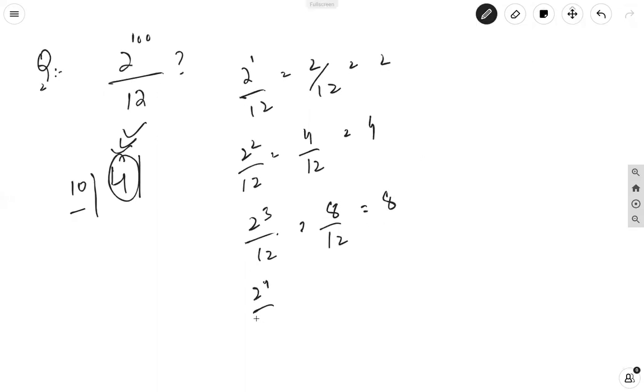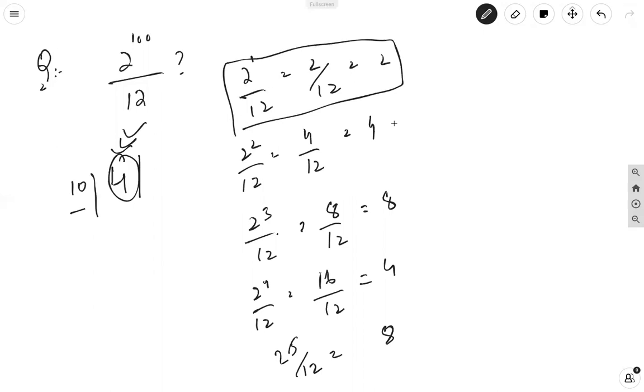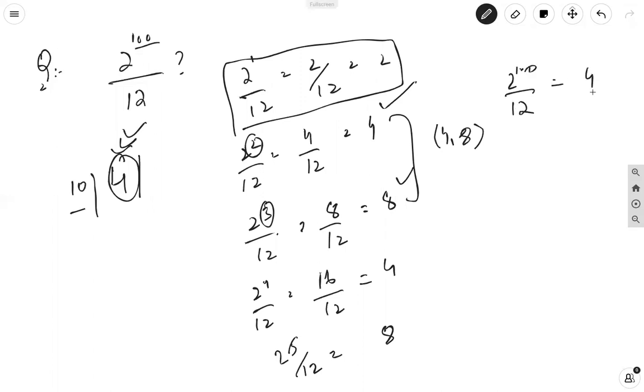Now 2 power 4 by 12, this is 16 by 12, the remainder is 4. 2 power 5 by 12, the remainder is 8. Now just leave the first one. After this, there is a cyclicity of 4 and 8. 4 and 8 repeat in every pattern. For even power, the remainder will always be 4, and for odd power, the remainder will always be 8. We have even power, 2 power 100, divided by 12, so the remainder is 4. So the use of method will depend from question to question.